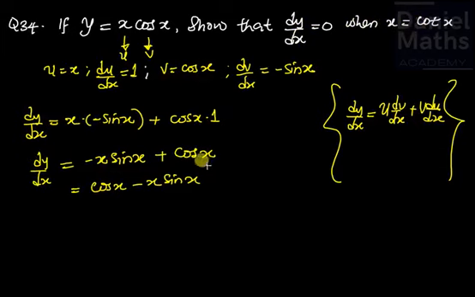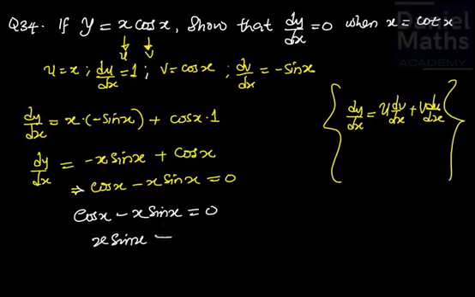From here we could say that cos x minus x sine x is equal to 0. Take this over here, so we'll have that x sine x is equal to cos x.